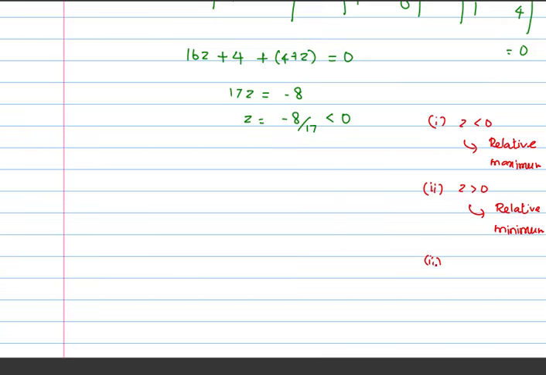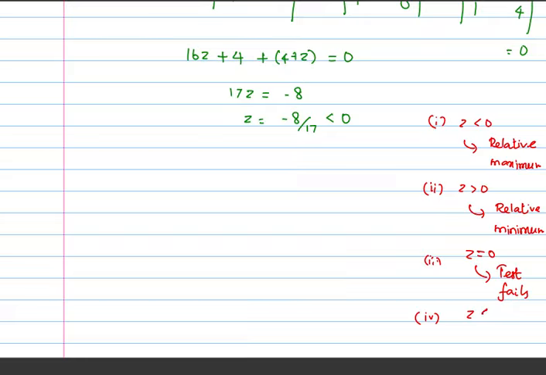Third condition: if z is equal to 0, the test fails, because sometimes a degree 2 is also possible.